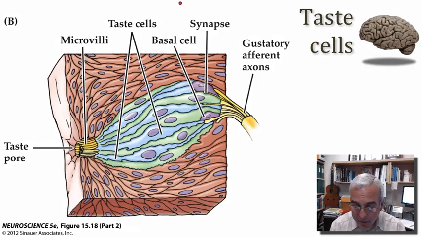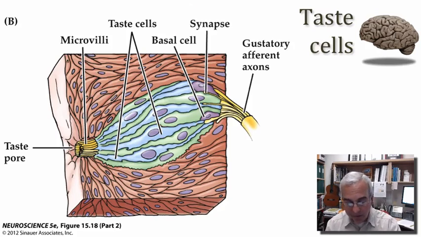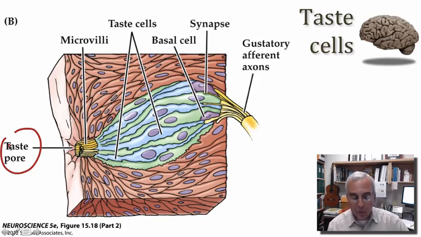These taste buds include our sensory receptor cells, our taste cells, and they also include a variety of basal cells and supporting cells. Now the taste cells are the ones that, of course, I would draw your attention to primarily. These are neuroepithelial cells that have an apical surface that comes together into something that we call a taste pore.